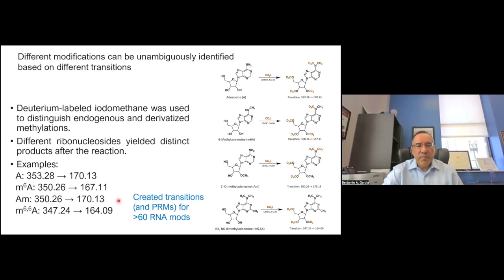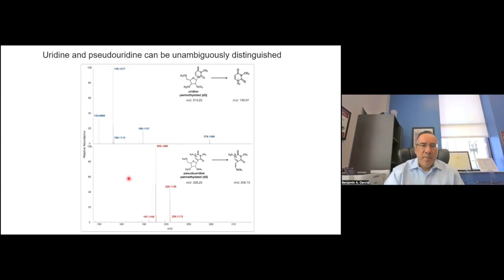This has been a really nice approach that has allowed us to separate some things that are difficult to separate, different modified isomers, as well as uridine and pseudouridine, because as you can see here, they will have different incorporation sites of the permethylated CD3. And when you fragment, they will have different amounts of that reagent as well.